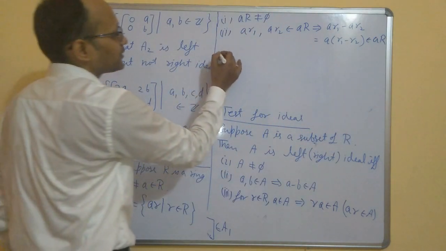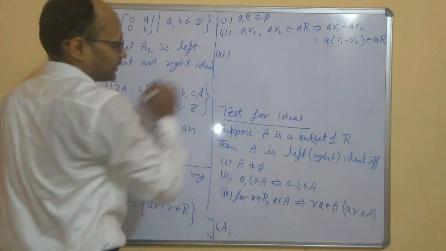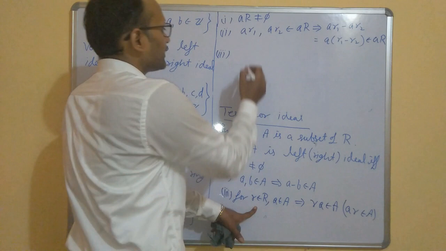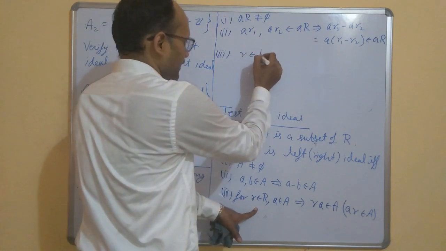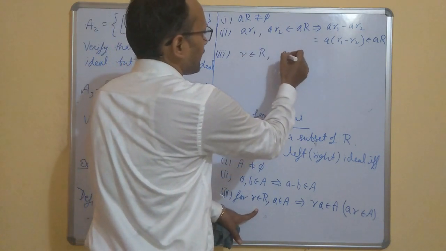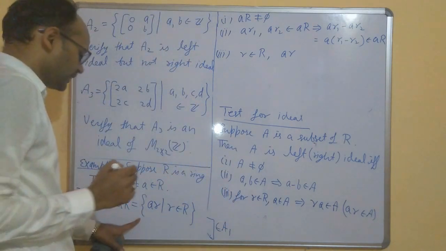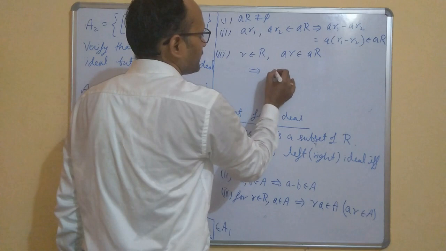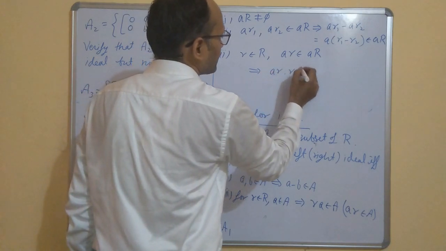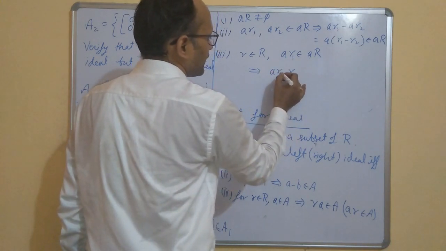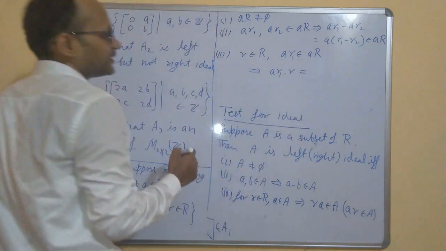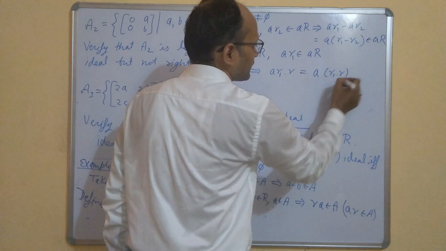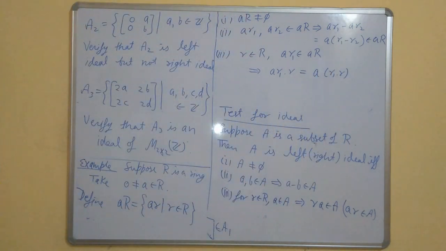Now come to the third one. Third condition is that we take an element R in R and we take AR1 in AR. So what will happen? AR1 into R, then it is A times R1 R. R1 R is again an element of the ring.